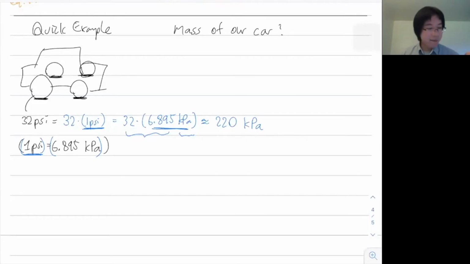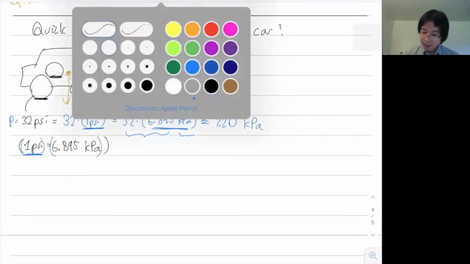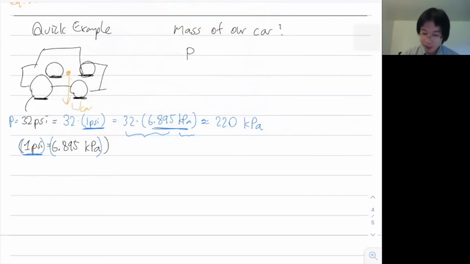Okay. All right, so now we basically have our pressure, but that's the pressure on one tire, right? What we really want is the whole pressure of the car on it. If we draw a free body diagram, what's really pushing on it is the weight of the car. If we look at our formula, pressure is identical to force per unit area, right?